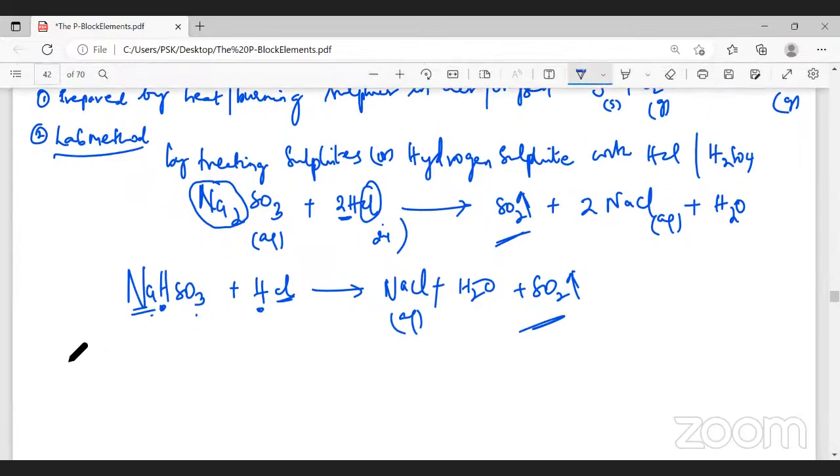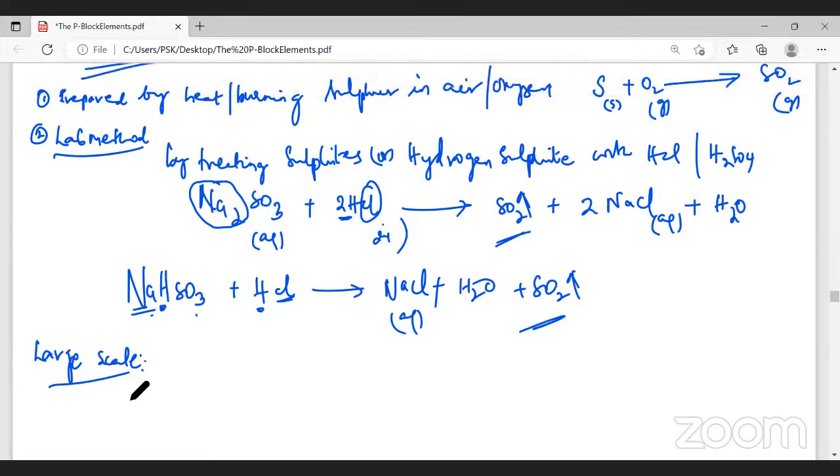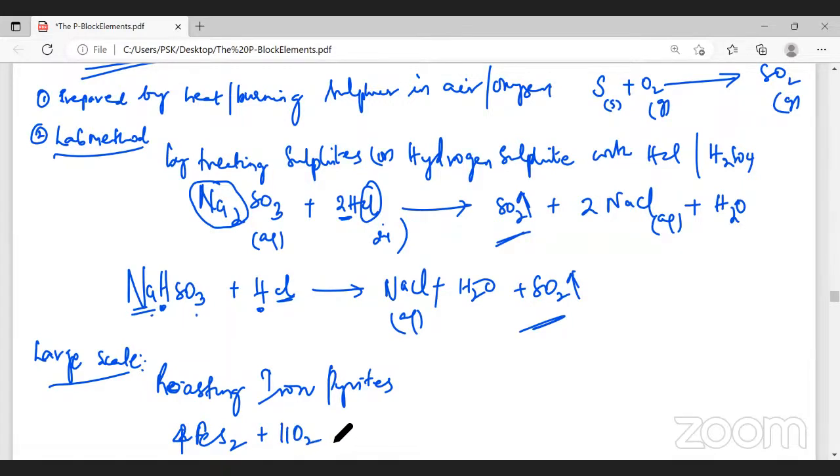Now, how do you prepare sulfur dioxide on a large scale? It is prepared by roasting iron pyrites, FeS2, a sulfide ore. Roasting is heating or burning in the presence of oxygen.